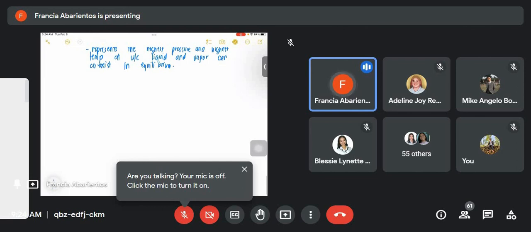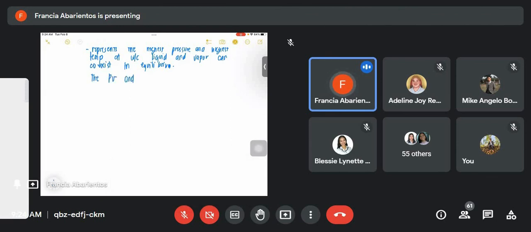So, this is the PV and the TS diagram, or the planes for water. Okay. So, dun muna tayo sa PV.